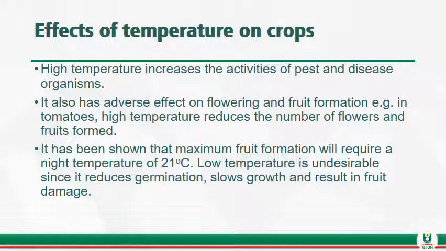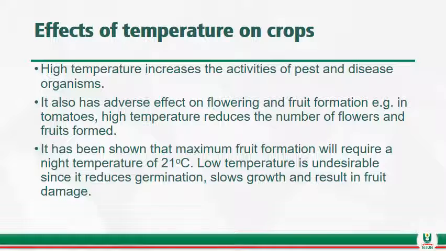Like for example, in tomatoes, high temperature reduces the number of flowers. Like I said, they cause flowers to abort easily. So it reduces the number of flowers and fruits that are formed because the flower is the one that eventually becomes the fruit. So if you have more flowers, you have more fruits, and vice versa.